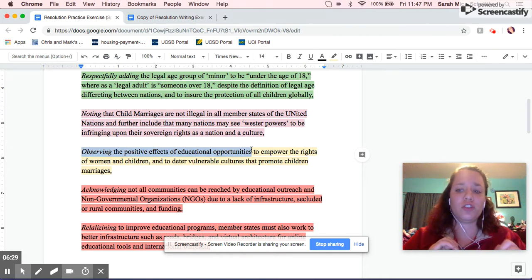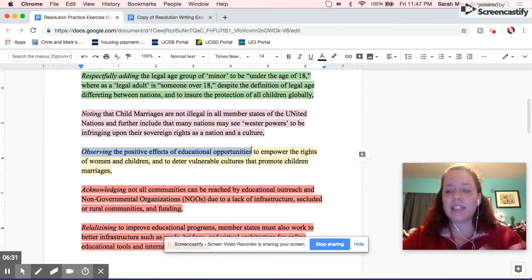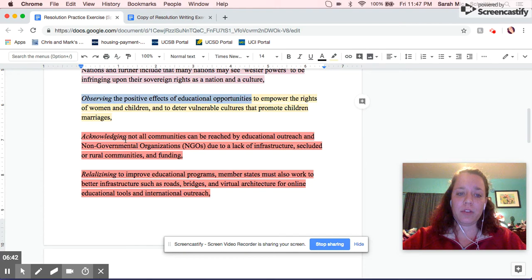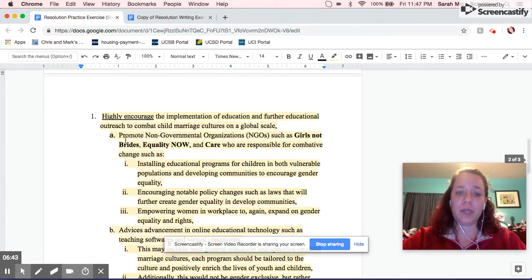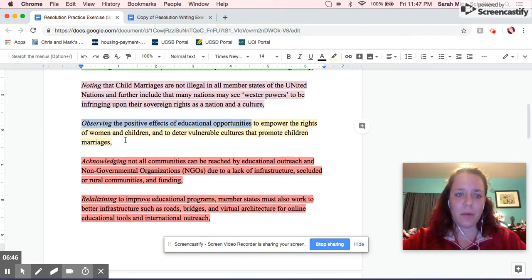And since we have 2 operative clauses, we're going to have to draft a couple more preambles that'll better introduce the rest of the paper. Our second operative clause, which is way down here, don't worry about it yet until we get to the operative video. But the second clause that I've drafted is addressing infrastructure.